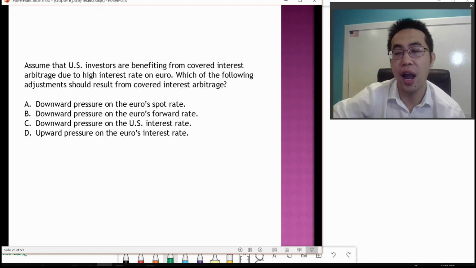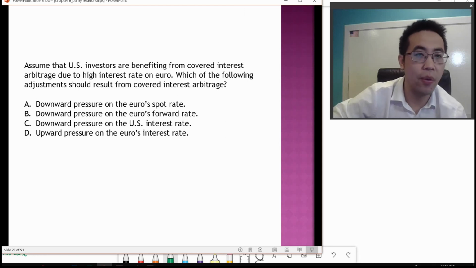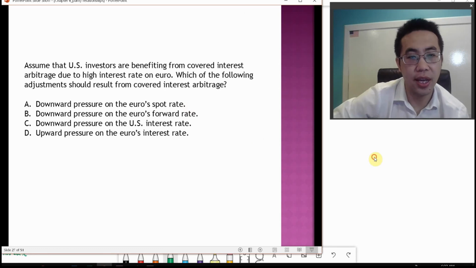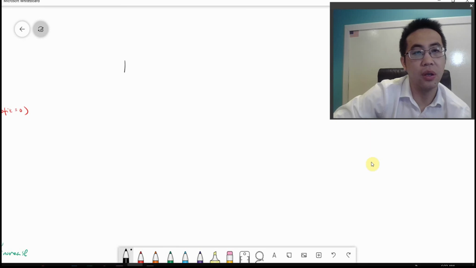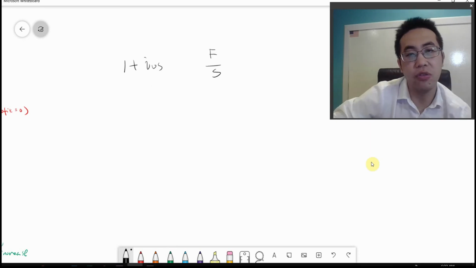And then after the loan is due, we will convert the euros back to dollars based on the forward rate. And what would happen? So you can just lay out an equilibrium: 1 plus U.S. interest against forward over spot times 1 plus the euro interest.